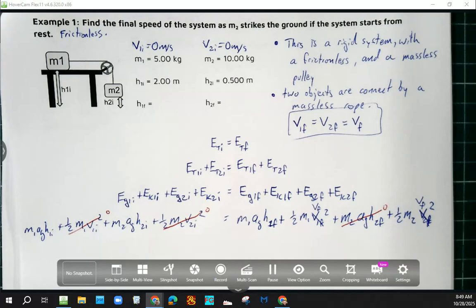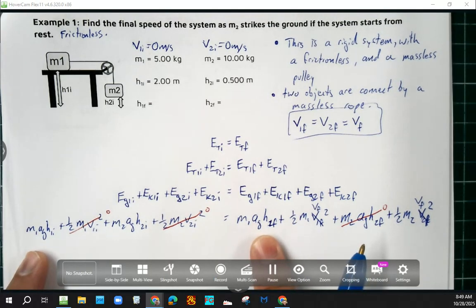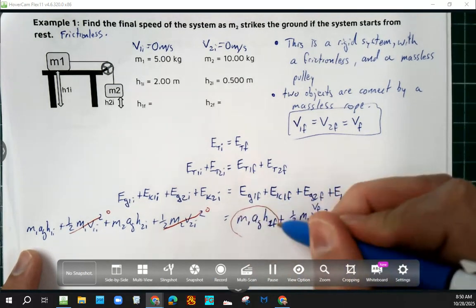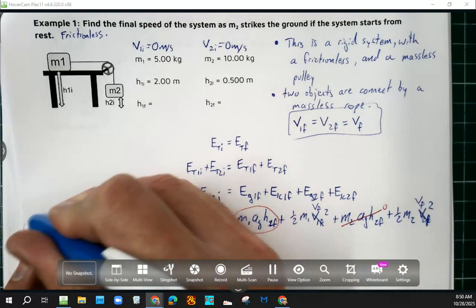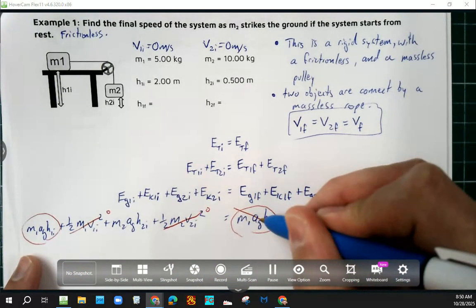I don't actually see anything that truly goes to 0 other than these ones, but there is something else that I notice. The object on the table, if I'm thinking this out, does the object at the table stay the same height the whole time? Doesn't that mean that those two values are actually the same value? So they're not truly 0, but if I'm thinking about how to simplify this thing, I can get rid of them. I'm going to circle them, and you can make a little note to yourself, that it's not truly zeroed.